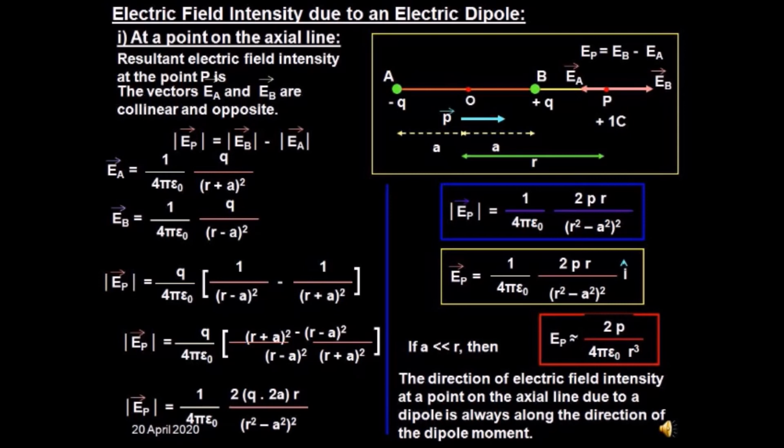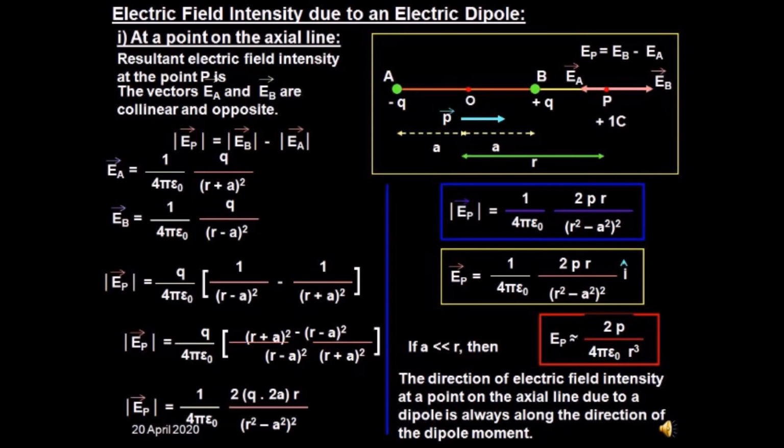So this term in the bracket, Q into 2A, in the EP formula is replaced by the single p term, because it is the dipole moment vector. So this small p denotes Q into 2A. So the first formula on the right hand side we are getting now is EP equal to 1 upon 4 pi epsilon 0 into 2pR upon R square minus A square whole square.